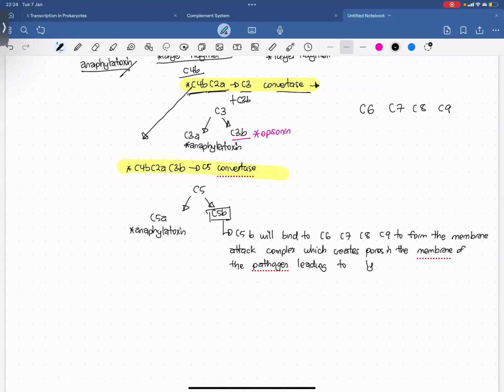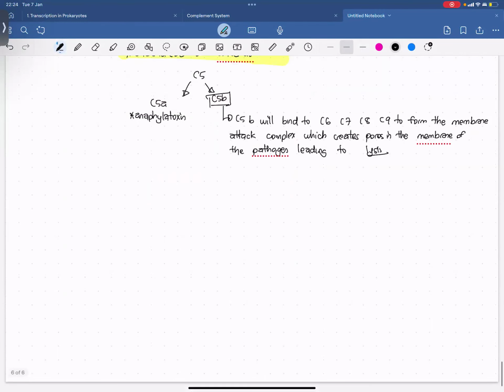So in summary, we have C1. Let me just try to draw a chart diagram here. We have C1, and C1s is going to cleave C4 and C2. This will be C4a and C4b, and this will be C2a and C2b. So C4b plus C2a form C3 convertase. Pardon my handwriting.